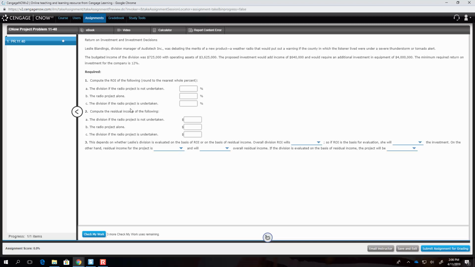And you do the same thing for the residual income computation. The company's desired rate of return is 12%. Now, I'm looking for rounding, and I don't see anything regarding rounding. Oh, here, percentage to the nearest whole percent. So that means no decimals, right?